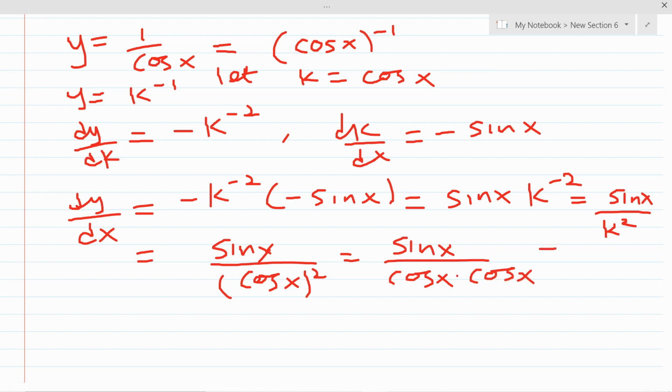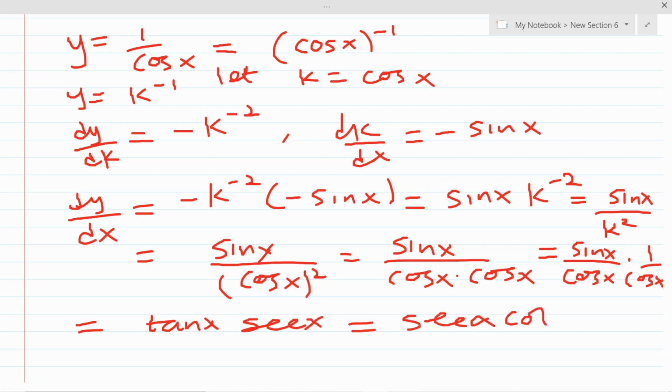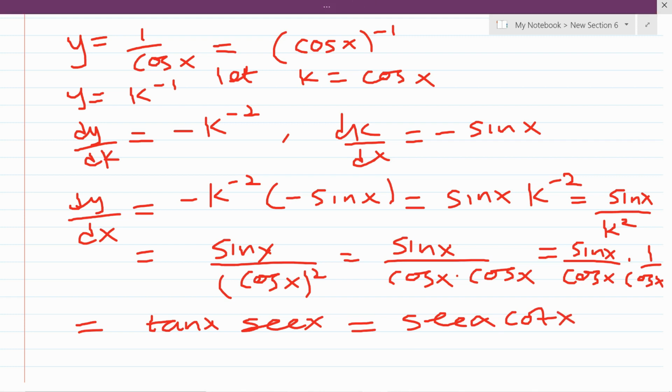This is the same as sine of x over cos of x, times 1 over cos of x. Now sine of x over cos of x is what? Tangent of x, and 1 over cos x is what? Secant of x. So this whole thing is equal to secant of x tangent of x.